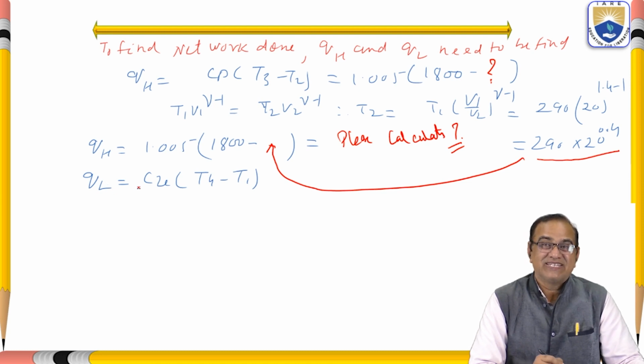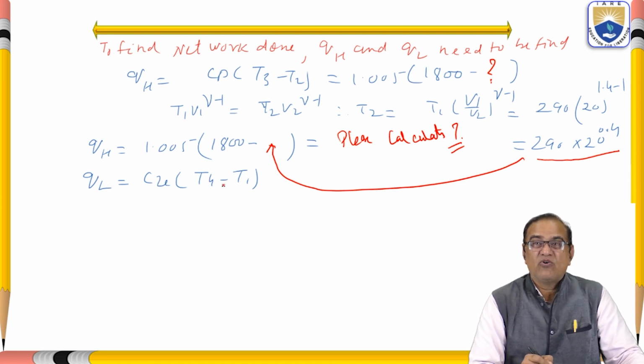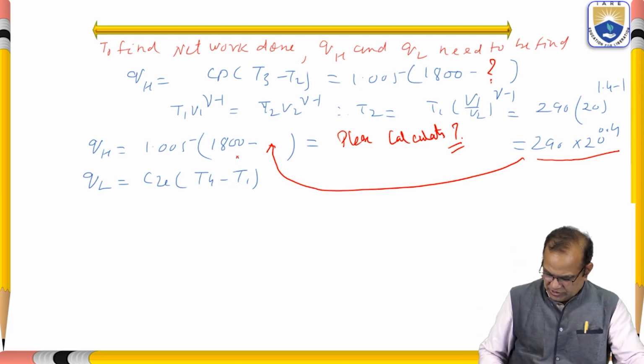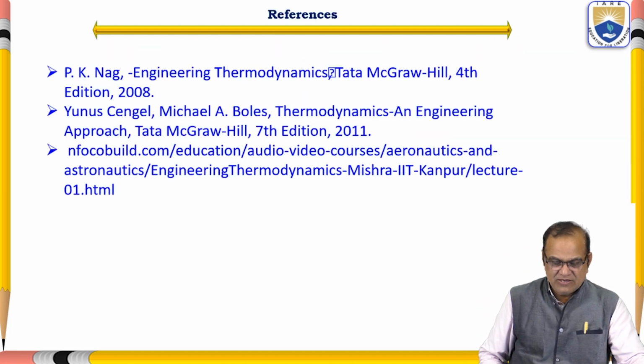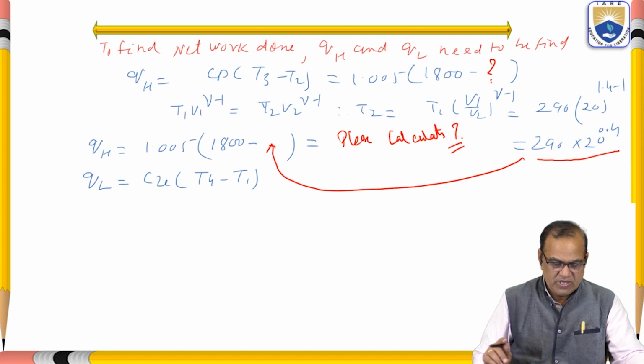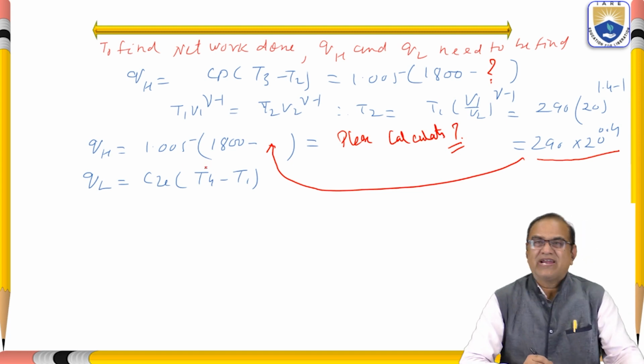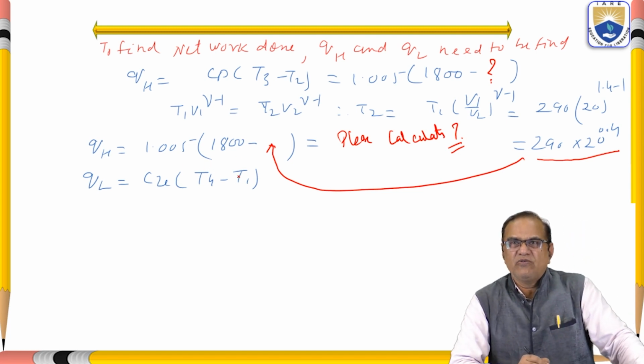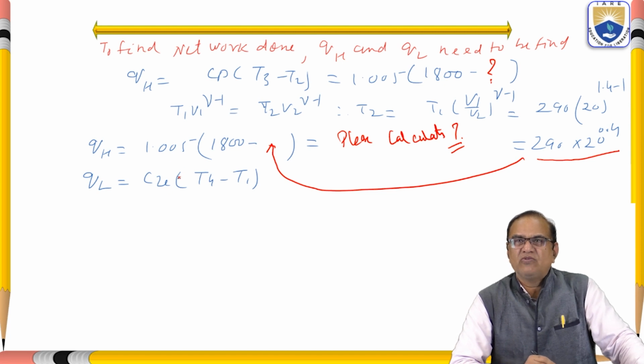Now we have to find out the QL. How much is the heat rejected? It is CV into T4 minus T1. So you can get T4, T1 we know, and if you put this value, you have to find out all this.